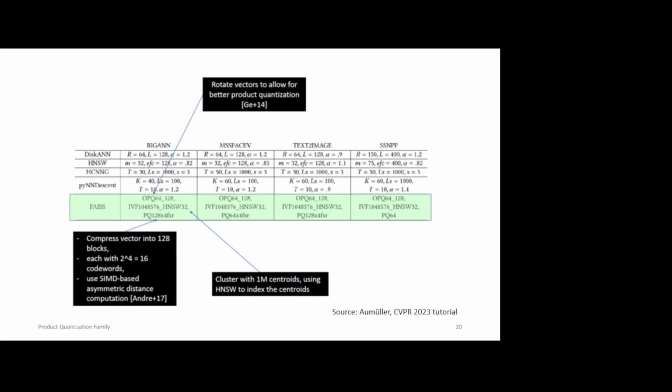And then you can find this instruction, just use the Faiss library with this parameter setup. Okay, so here you say we will compress the vector into 128 blocks, and each block, each segment contains 16 codes, and also use SIMD.